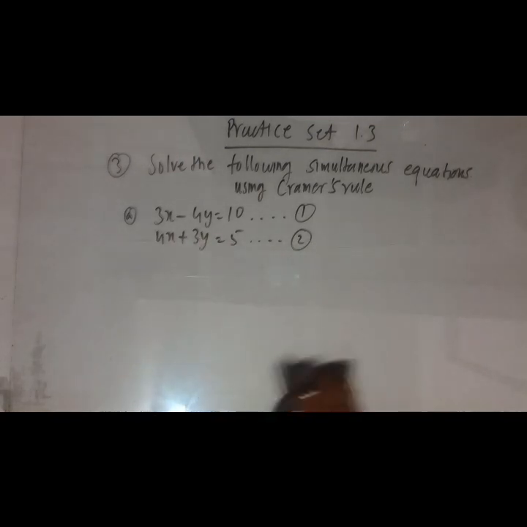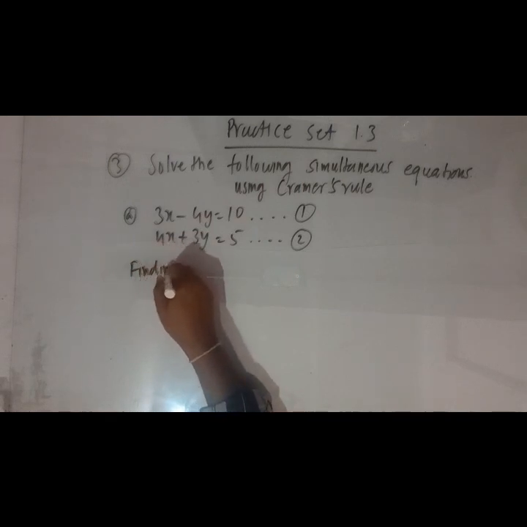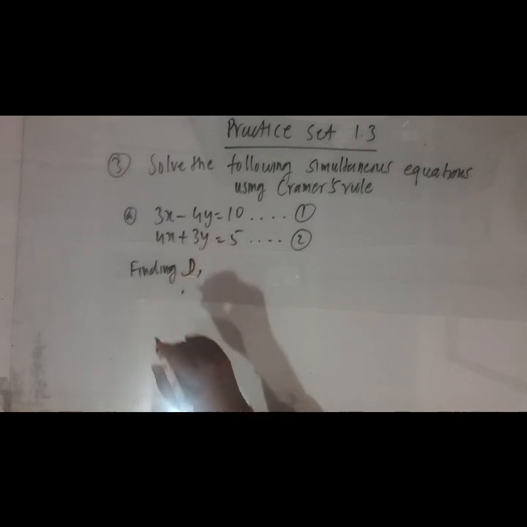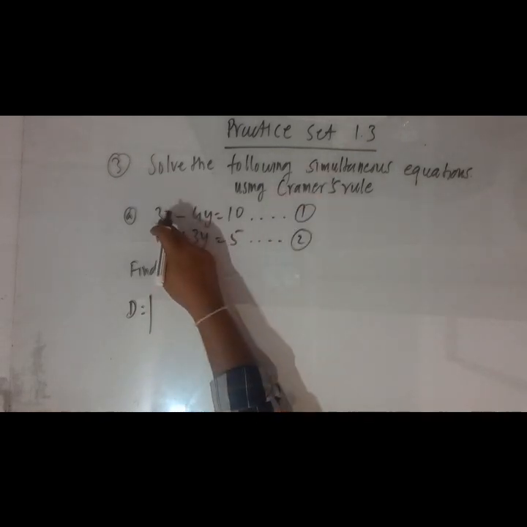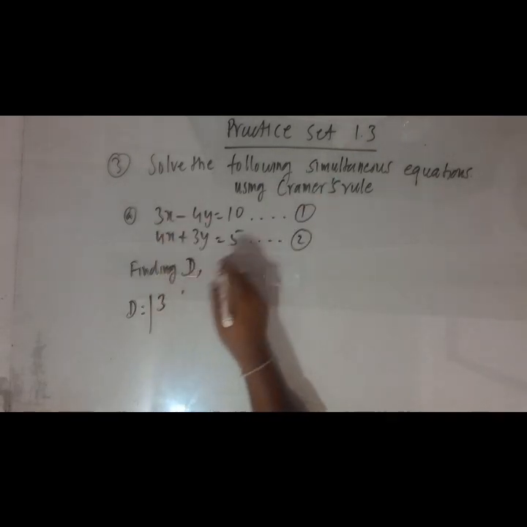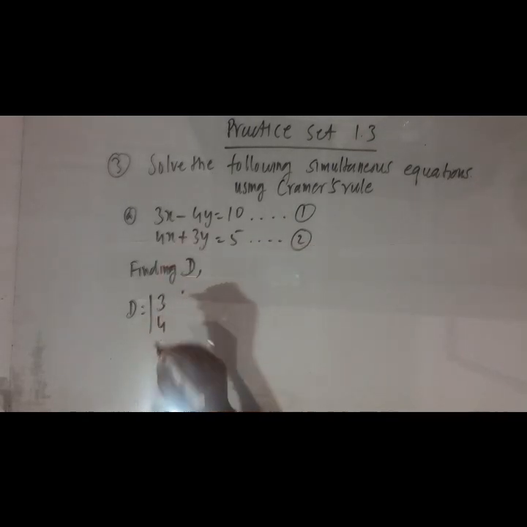So finding D, we will be finding the D determinant. So to find D, what you have to do, see, the coefficient of x is 3 for equation number 1, for equation number 2 the coefficient of x is 4, write down.